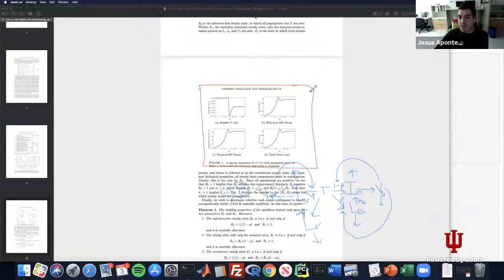Because basically what they've done here is they implemented the model, they assigned the parameters as in the table, and then here what you're looking at is the viral loads, of one strain of virus, and then the resistant strain, and then basically what they're plotting is the number of healthy cells.